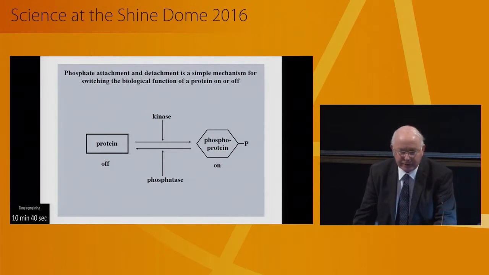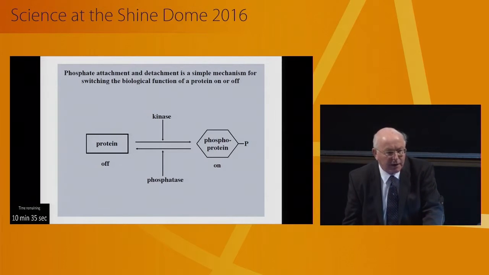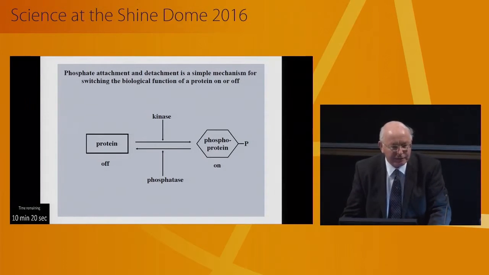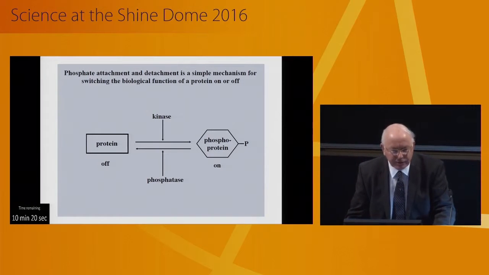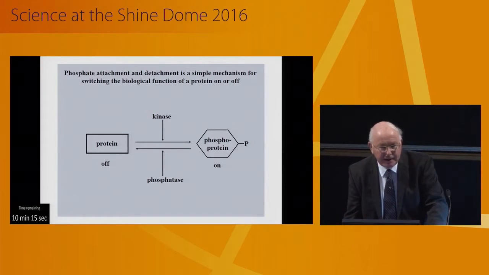But over the next 25 years or so, I was involved in identifying and characterizing many new kinases and phosphatases and in finding out how they were switched on and switched off by a variety of signals such as the hormone insulin, by growth factors, and by cell-damaging agents.